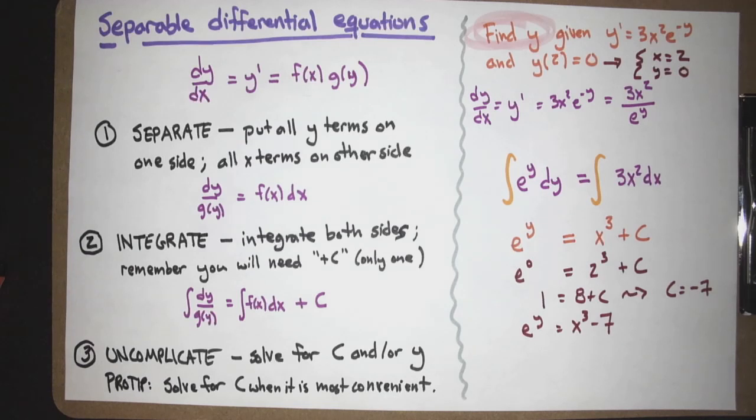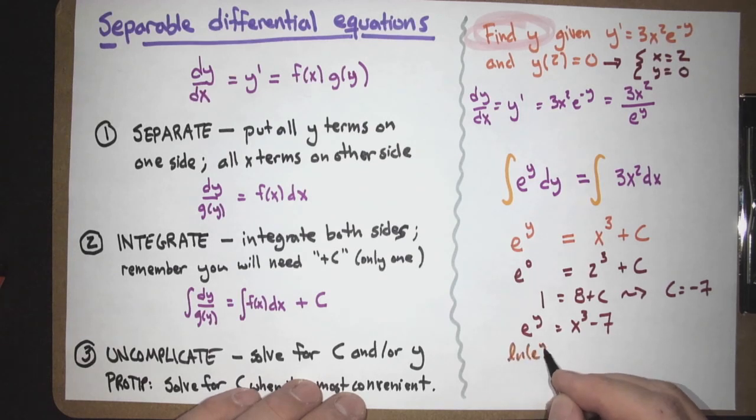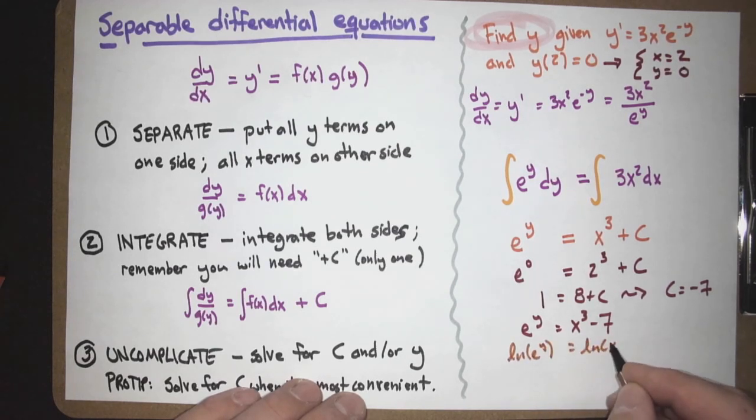How do we get things outside of exponential functions? Logs, yeah, natural logs, ln. So if we take the natural log of both sides, natural log of e to the y, natural log of x cubed minus 7, well, natural log of e to the y gives us y. So y equals natural log of x cubed minus 7.